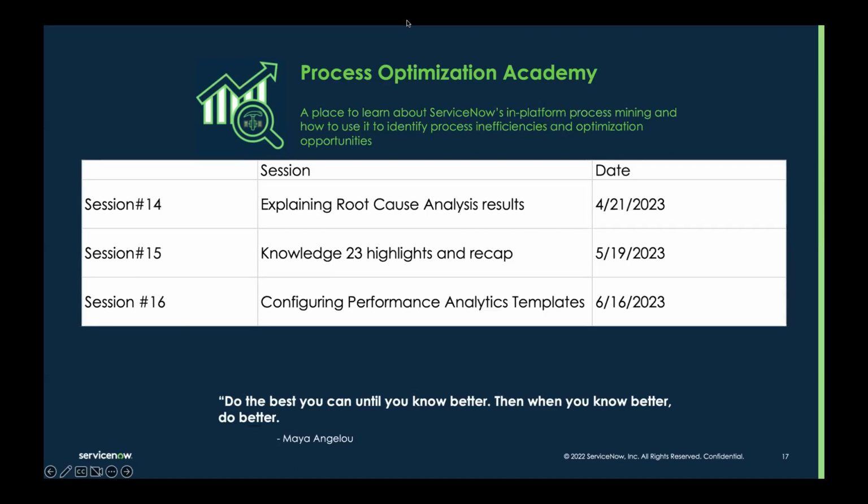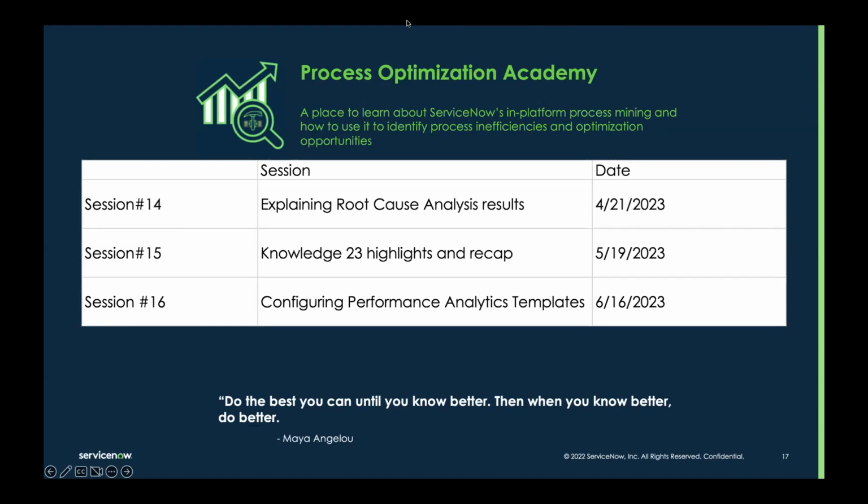Then right now, Knowledge 23 is coming up in May. There are seven sessions that will include process optimization in some way, shape, or form, as well as a demo pod. So there's going to be lots of conversation around process optimization at Knowledge 23.